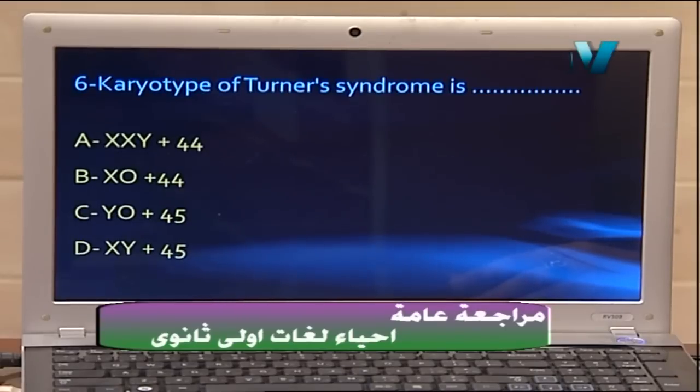Question number 6. Karyotype of Turner syndrome is. Turner syndrome is an abnormal case, as we studied before.